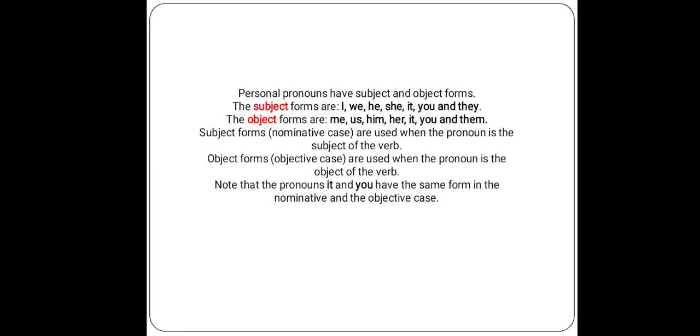So subject forms, nominative case, are used when the pronoun is the subject of the verb. And object forms, or objective case, are used when the pronoun is the object of the verb. And note that the pronouns it and you, as I said earlier, don't change. They have the same form in the nominative and the objective case. But I becomes me, we becomes us, he becomes him, she becomes her, and they becomes them. But it and you don't change. It's very easy.